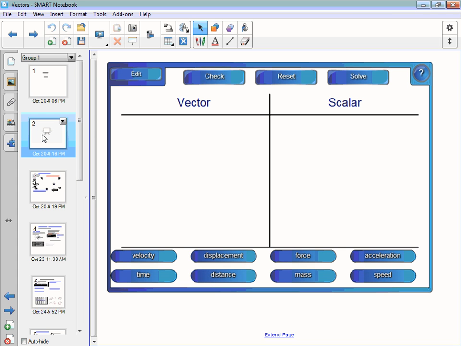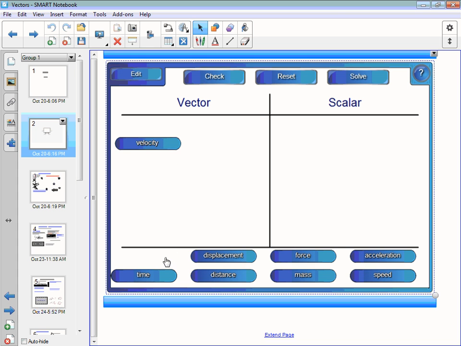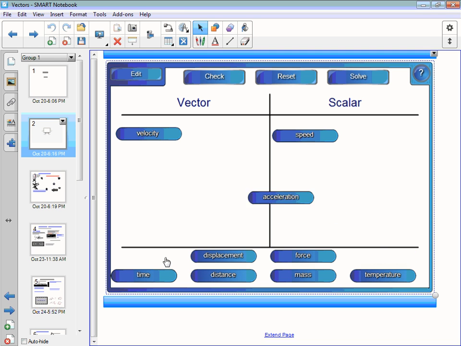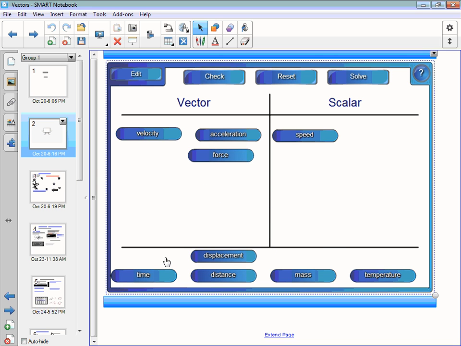Velocity's a vector. Keep going, folks. Others. The acceleration is a vector, okay? Force is a vector. So I think mass is a scalar.